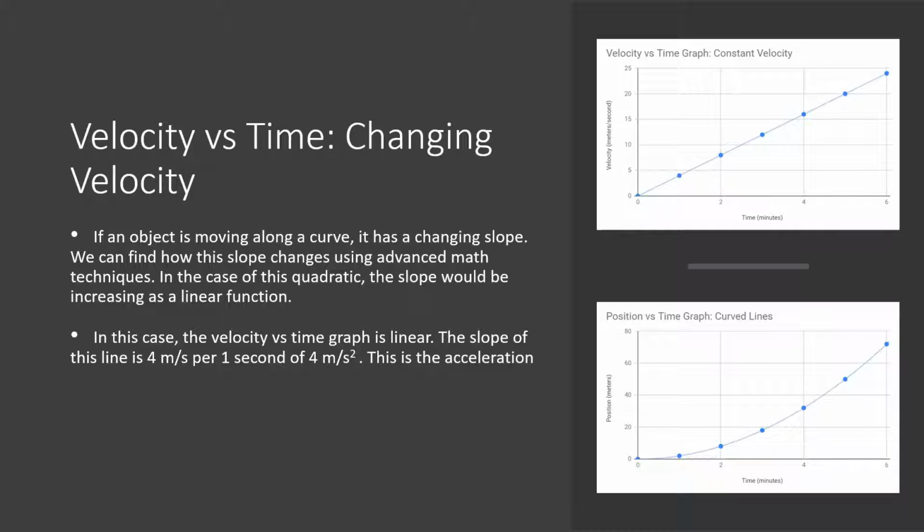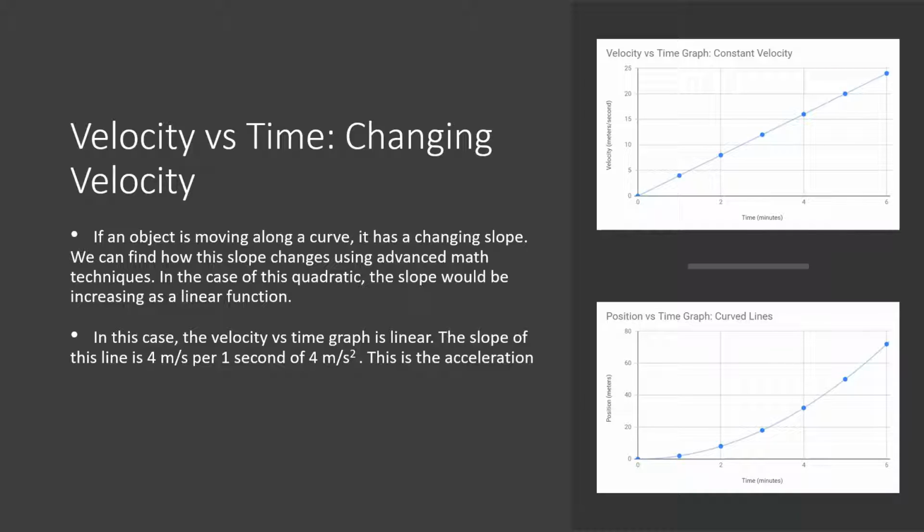You don't need to worry about how we get there. But just trust me that the velocity versus time graph would be this graph of the slope of a quadratic position. In this case, it's the line y equals 4x. That's how you'd calculate the slope for the graph y equals 2x squared, which is how the position was moving.